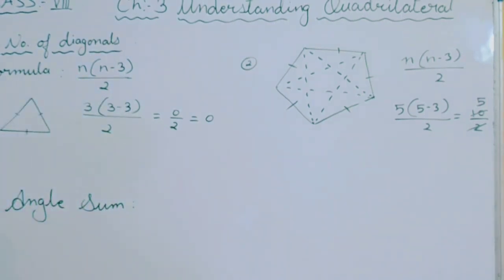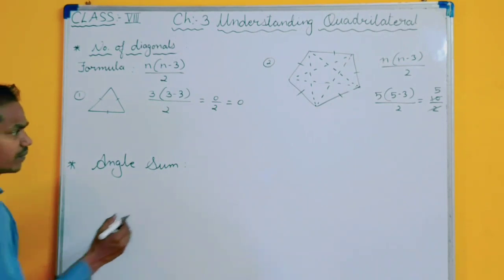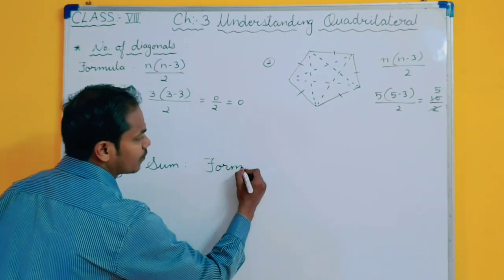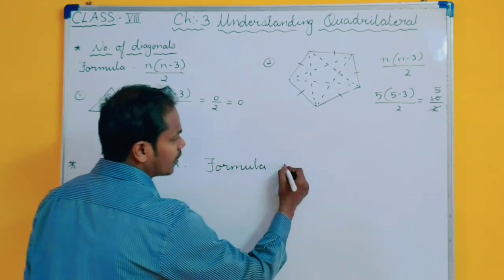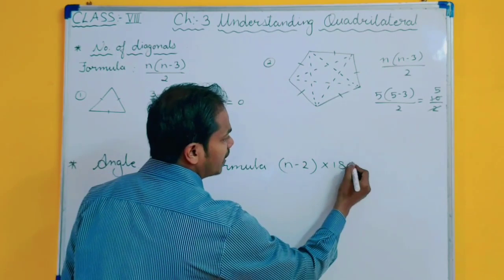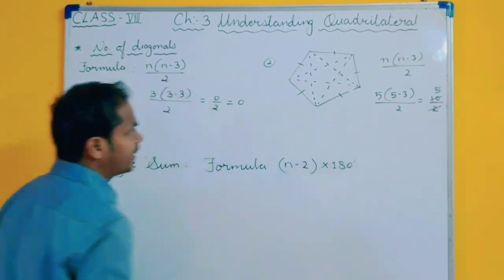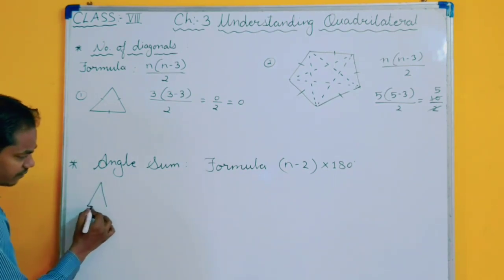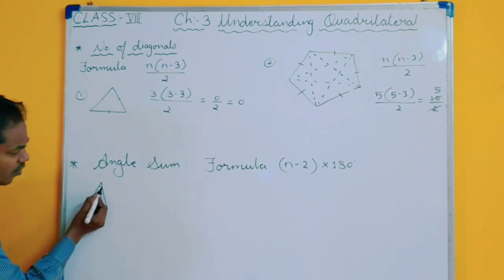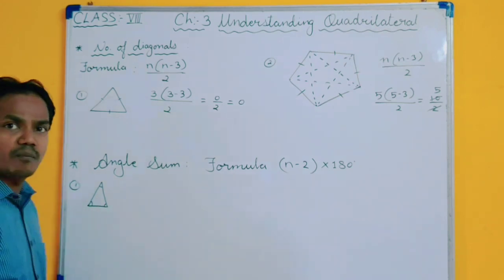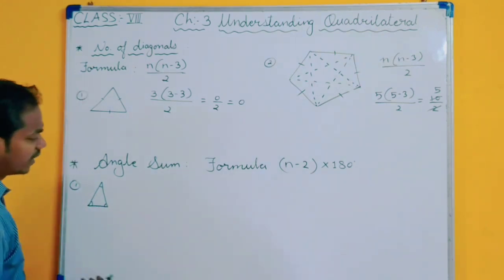Now angle sum. What is angle sum? First, remember the formula: n minus 2 multiplied by 180 degrees. Suppose I have taken a triangle. Angle sum means the sum of all the angles of a triangle.